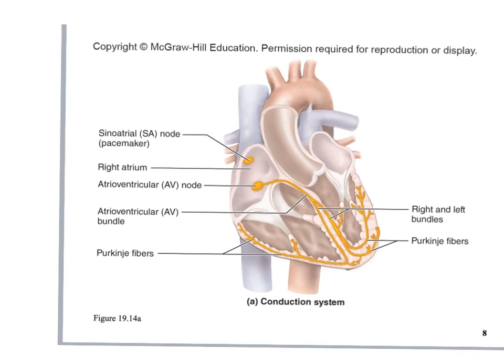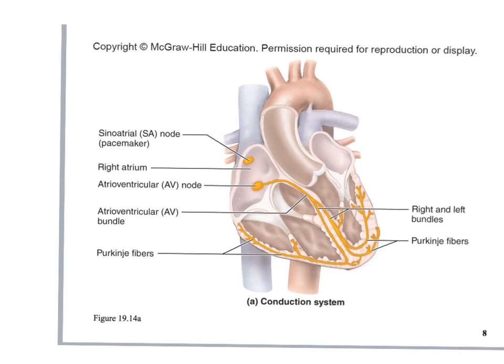The atrioventricular node is where? It's right over the boundary between the atrium and the ventricle. You have atrioventricular valves, atrioventricular node. And then from there, you have a network of fibers, neuronal fibers, that spread through the interventricular septum down to the apex of the heart.